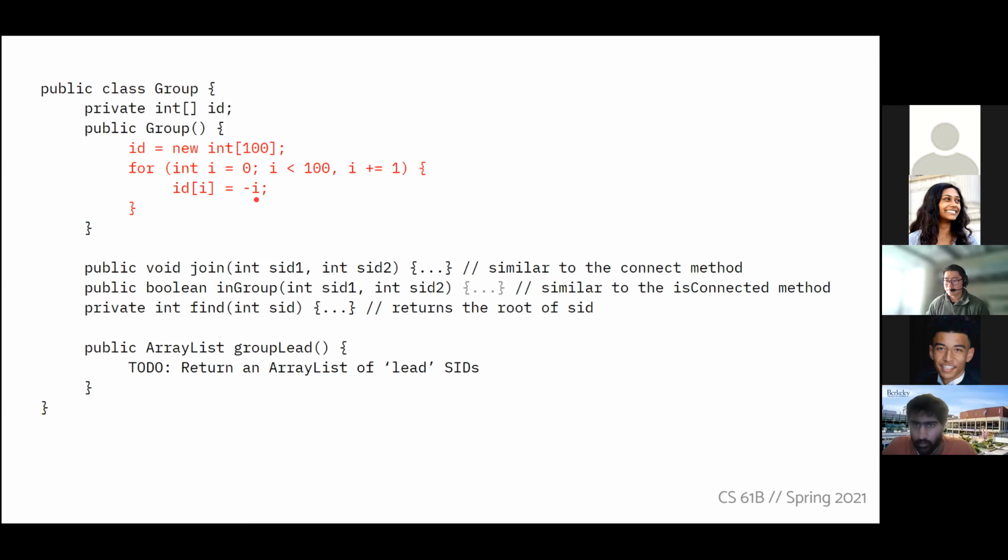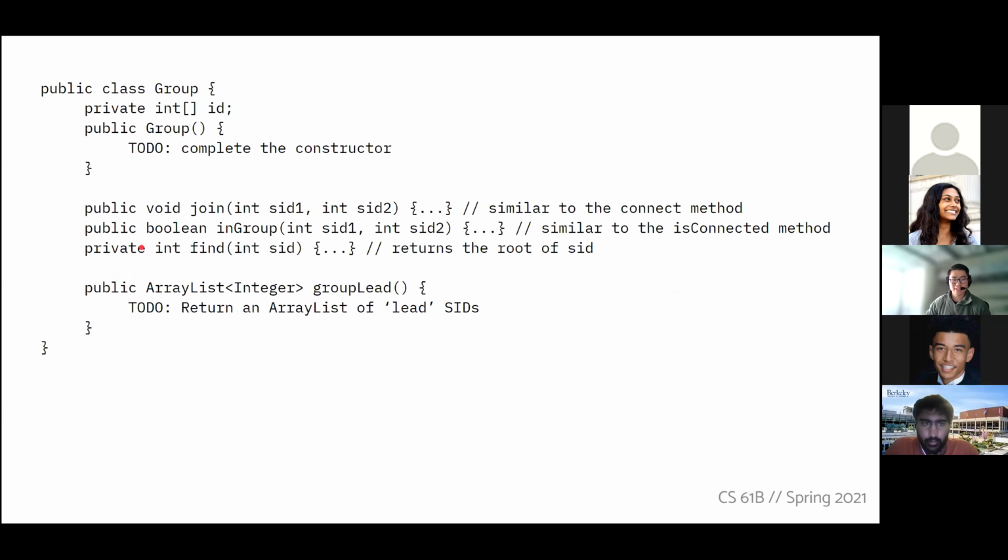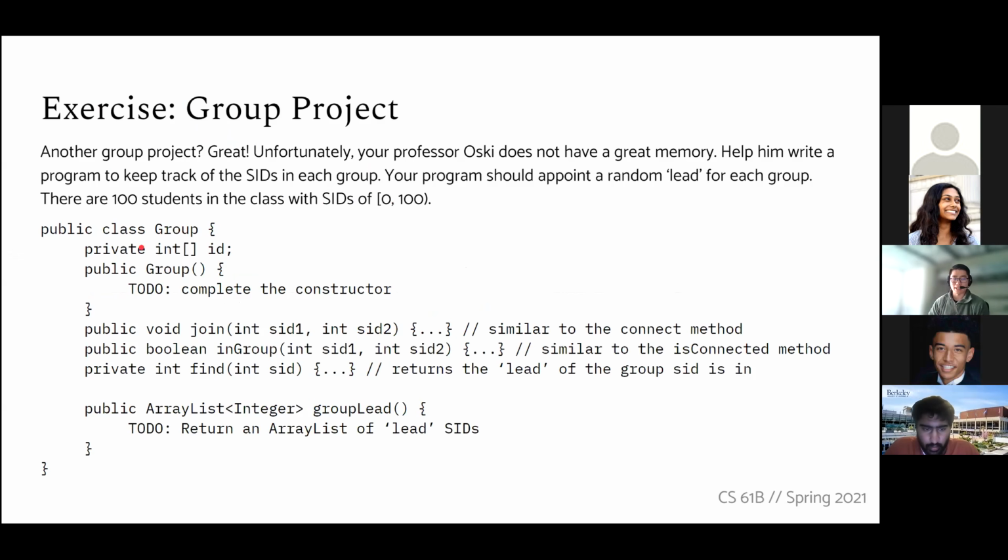I was wondering, I thought it's supposed to be negative. The negative is also the size of that number. Yes, that is correct for weighted quick union, but remember in this case, we are trying to create a program that helps keep track of not only groups, but also who the lead within a group is.